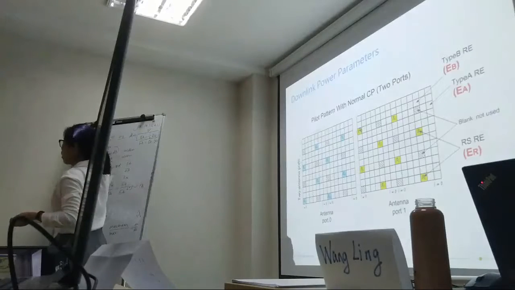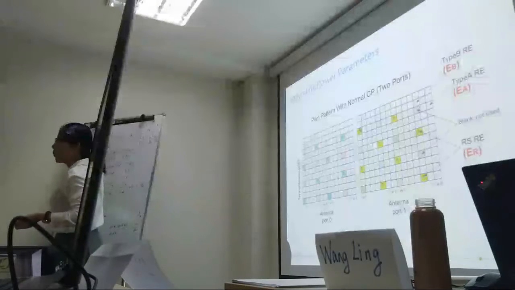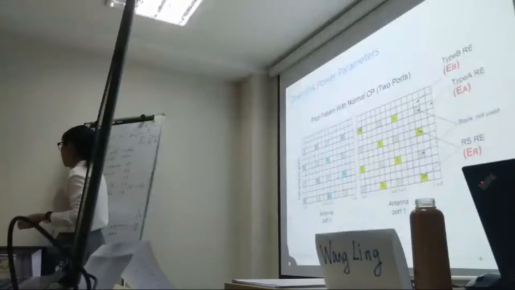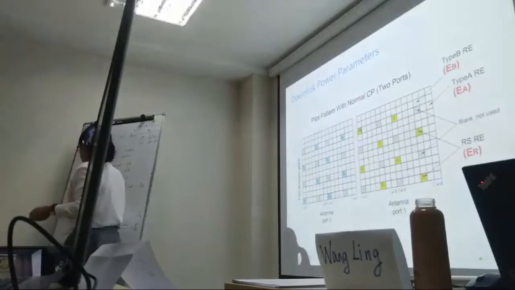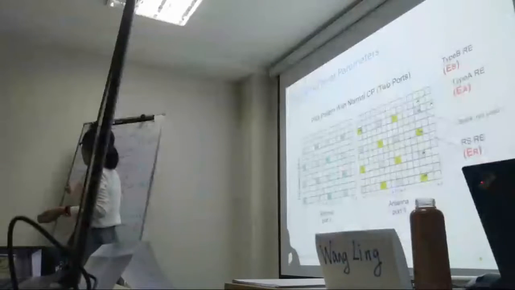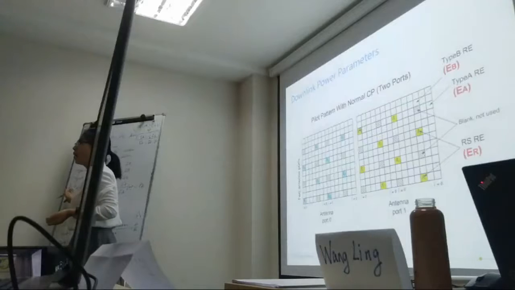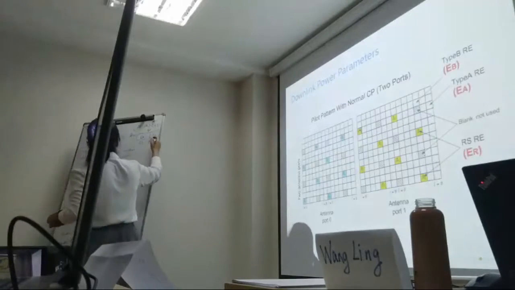Remember this value: 2 is 3 dB, so half is minus 3. So if PA is minus 3, that means rho A is half. So if rho A is half, that means EA equals half ER. Clear? So we got the EA.